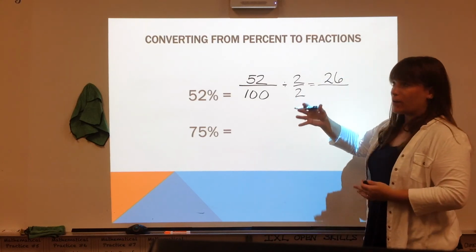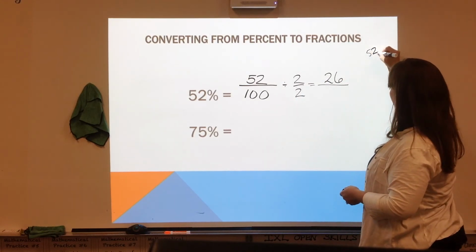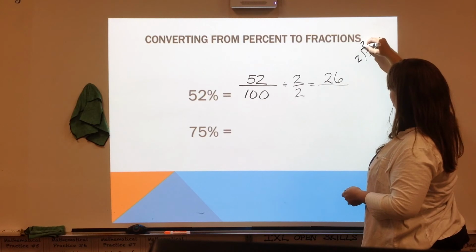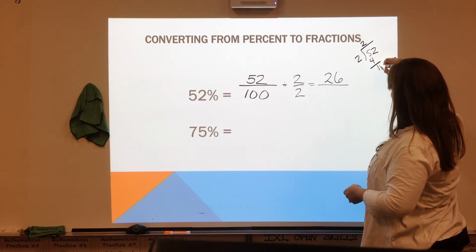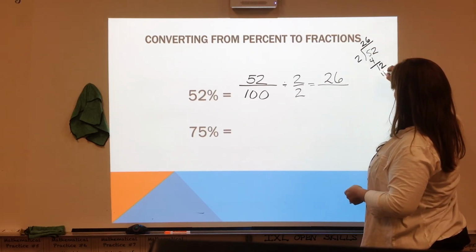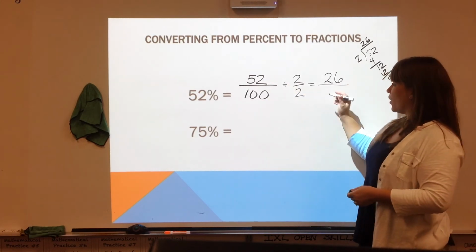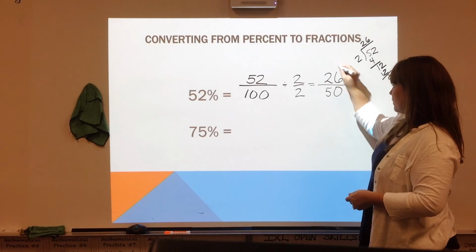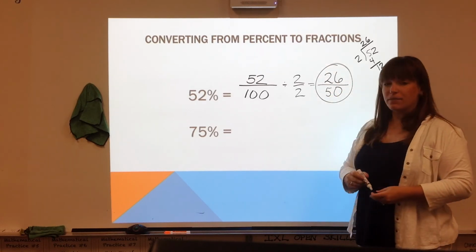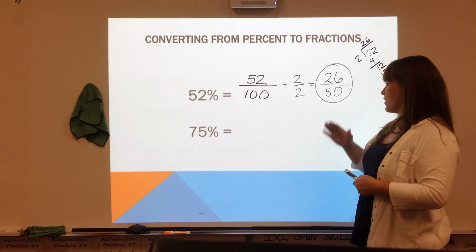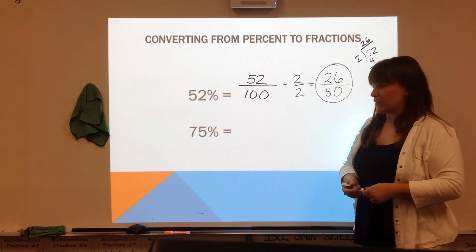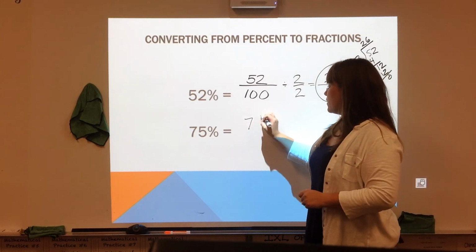If you did not know that off the top of your head, you can just come over here and scratch it out. 2 times 2 is 4, and then you bring down the 2, and that would be 12. So that's the numerator, and then 100 divided by 2 is 50. So there we have that percent in a fraction form. 75% is our last example together.